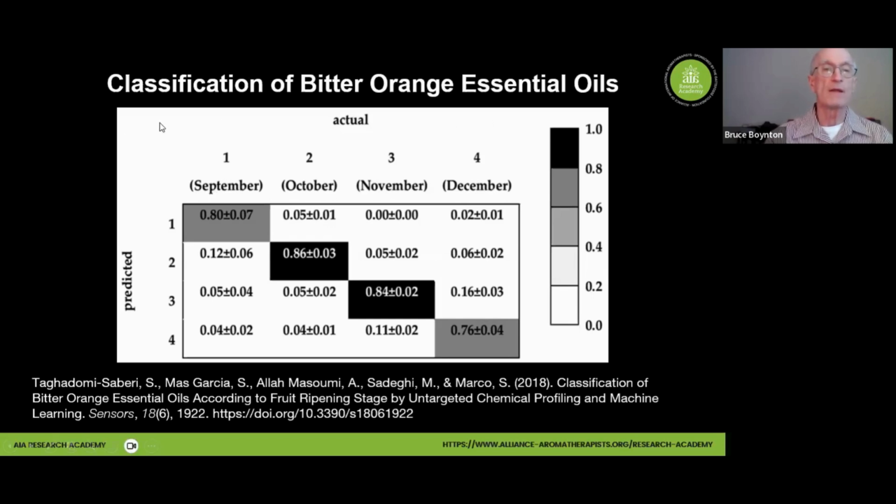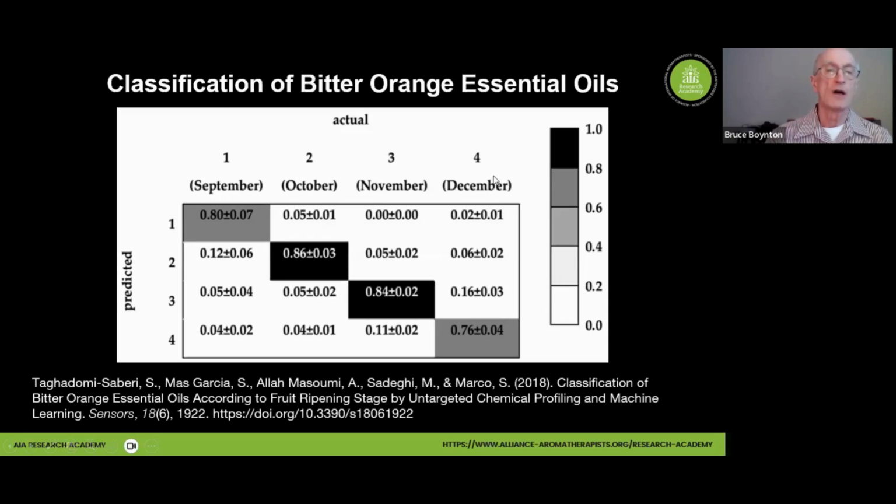And so they made a test to predict what that essential oil was going to look like, and then used a confusion matrix to determine how good their test was.